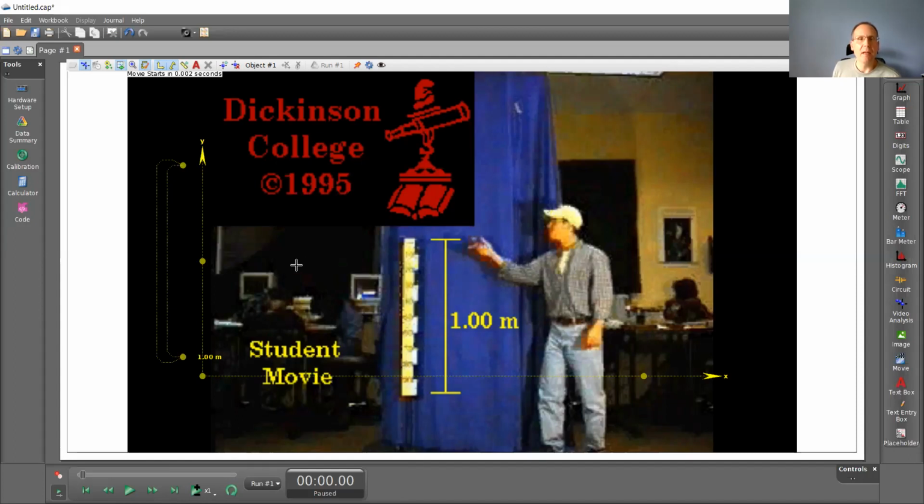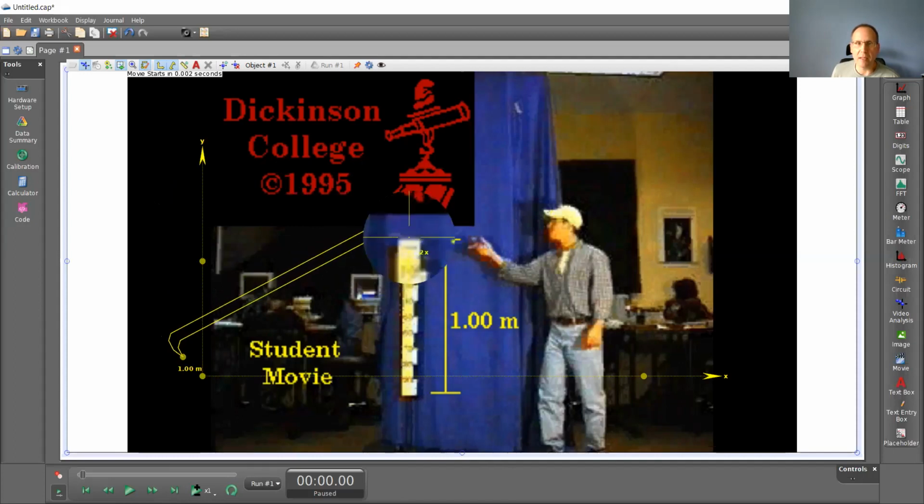So to do that, there's a meter stick that's in the field of view here. And actually, when you analyze the ball drop and the vertical jump, I put a meter stick in the field of view as well. To tell the computer that that represents 1 meter, you click on this calibration tool here. So click on the top part and then drag it to the top part of the meter stick.